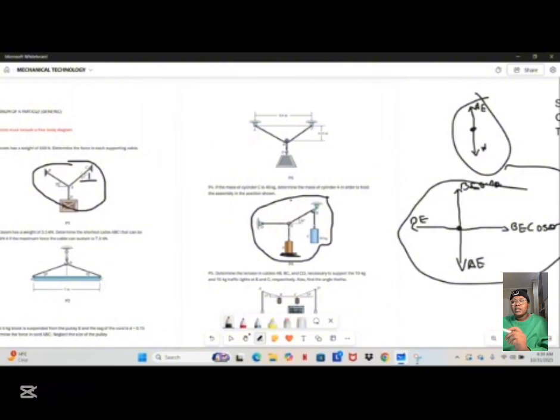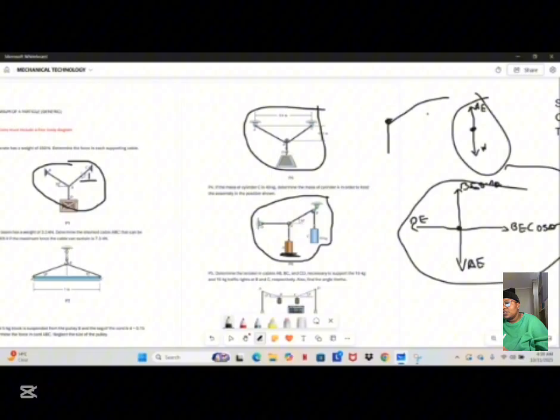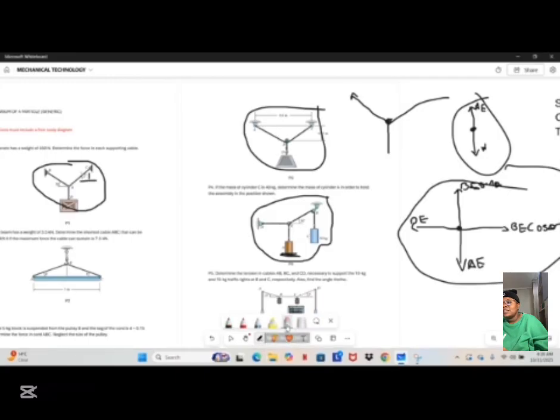No, you don't choose. You have to draw a free body diagram based on what you have been given. You understand?